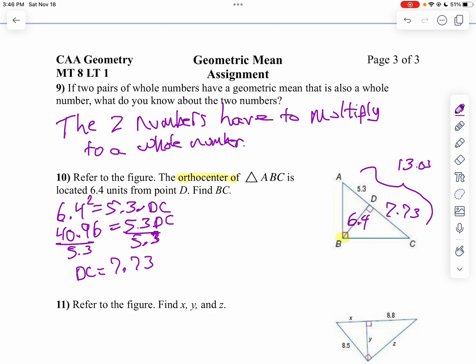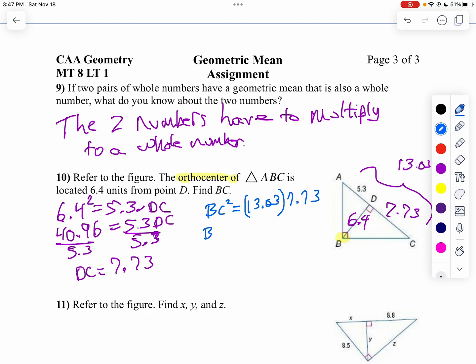So I know B to C is the geometric mean, that's one's square, between the entire hypotenuse, which we just got done saying was 13.03, and the part that's adjacent to it, which is 7.73.